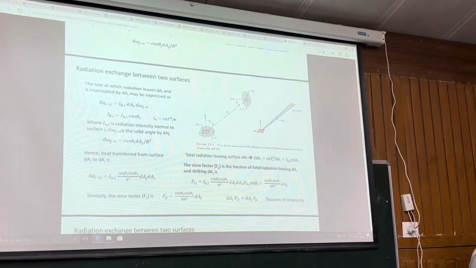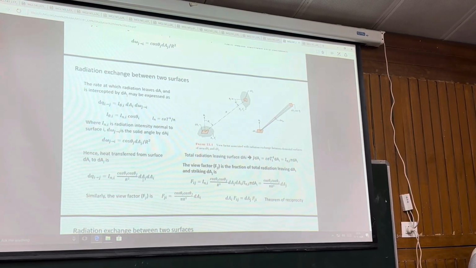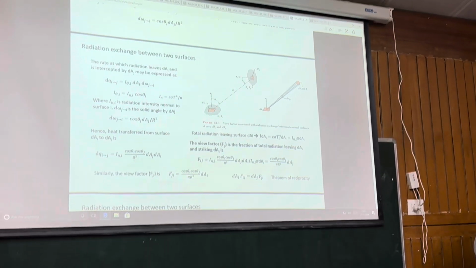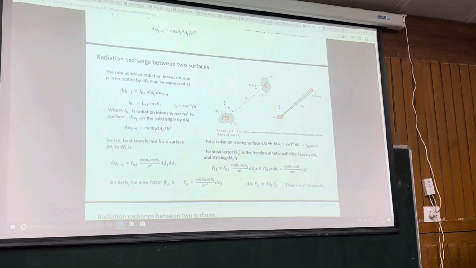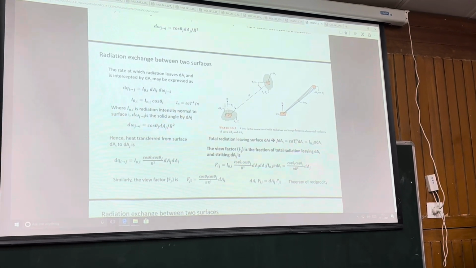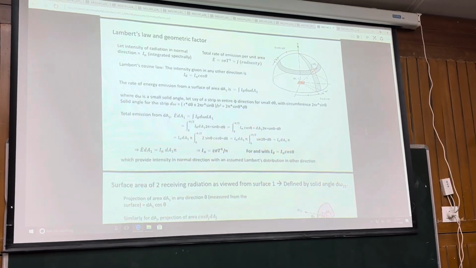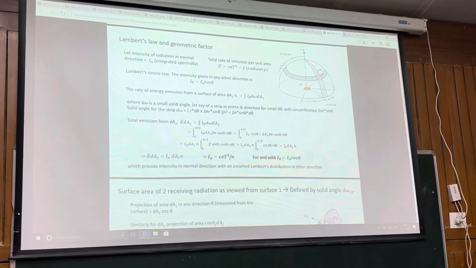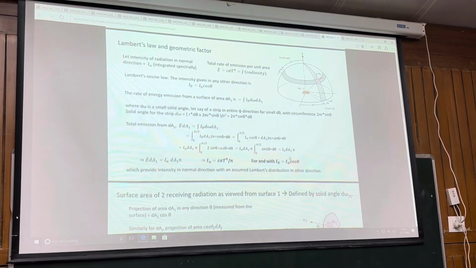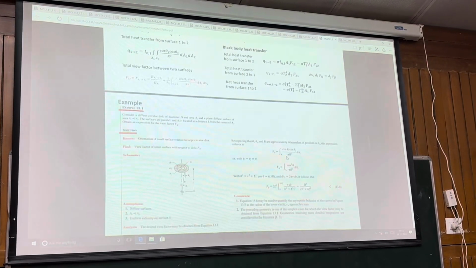Basically, it's a symmetric formula. Cos theta_i cos theta_j dA_j dA_i, and r is the distance between the two surfaces, and I_n is the normal direction radiation. Normal direction radiation is epsilon sigma T to the power 4 by pi. So the main final results from all these things you can note down and bring.